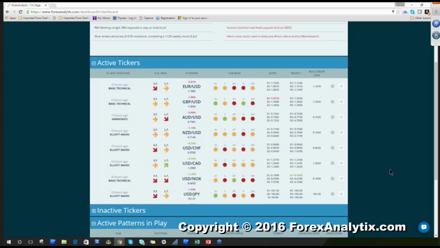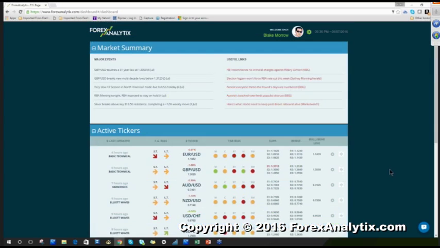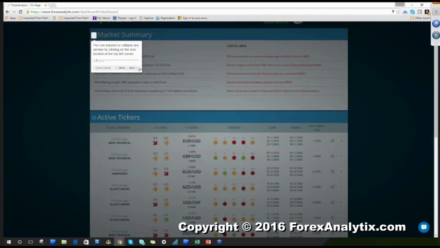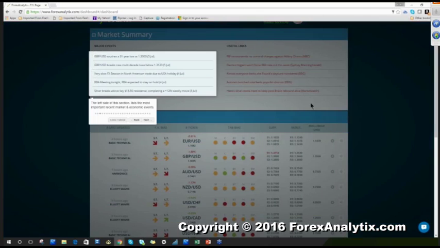Something important. There is a tutorial and a page guide for both pages. So whatever question you have, and there is also a support button. Each page has a separate tutorial that you can browse through, and you can see whatever is missing.